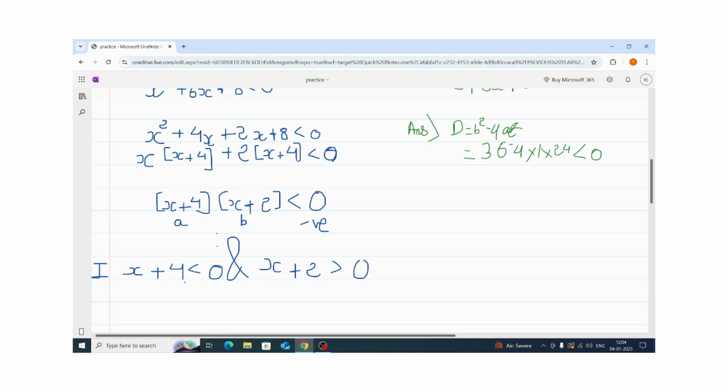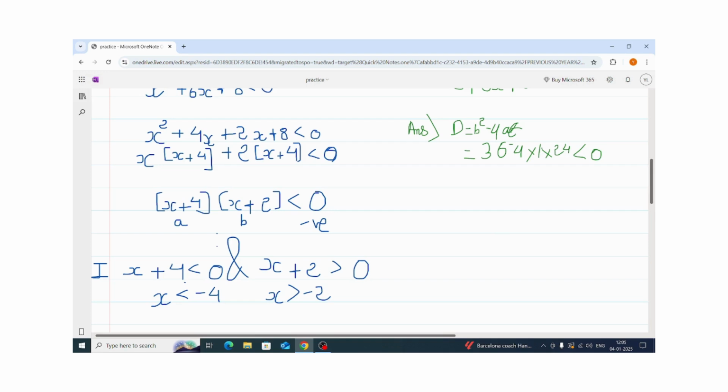Okay, so nothing we have to do. When we take this term 4 to the other side, we'll get minus 4. x will be less than minus 4. x will be greater than minus 2.